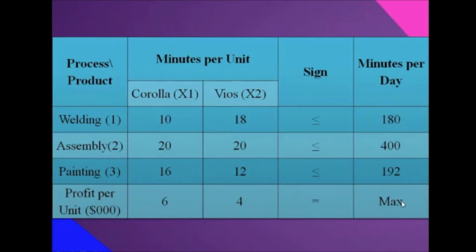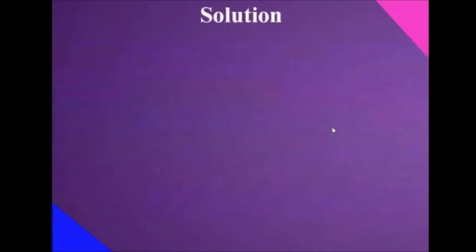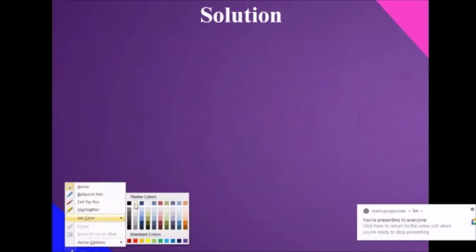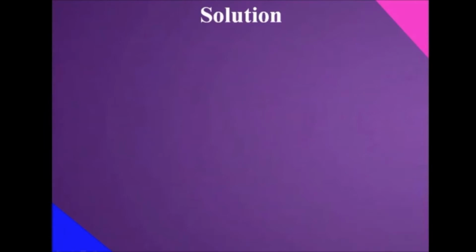And the goal is maximization. Since we are maximizing, you know that the sign is less than or equal, as explained in our earlier discussions. So, let's have our computation. The first thing we always do in linear programming problems is to identify or write our objective function and of course our constraints. So, we can now write our objective function.